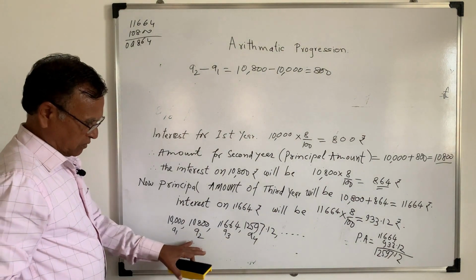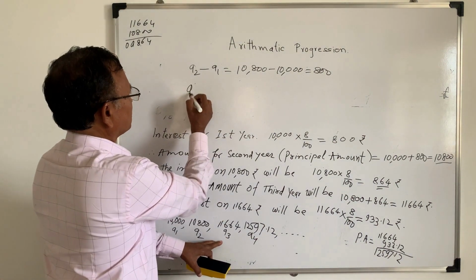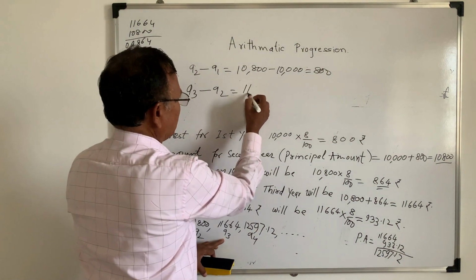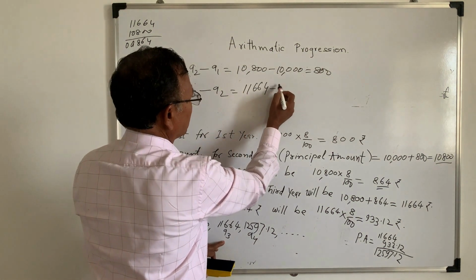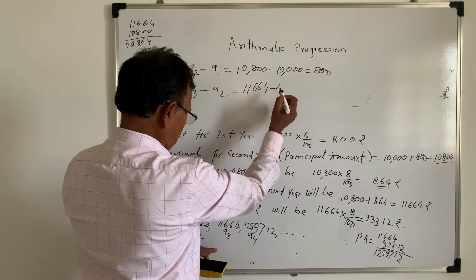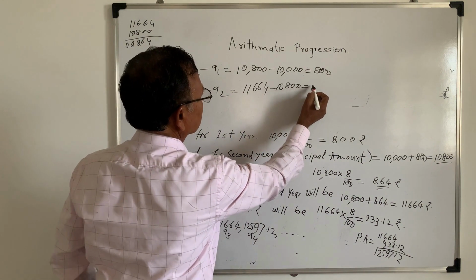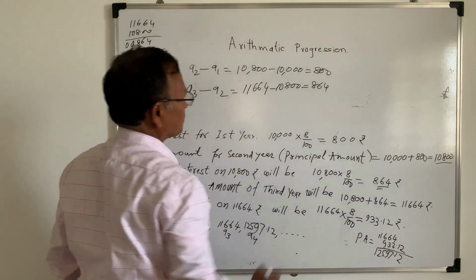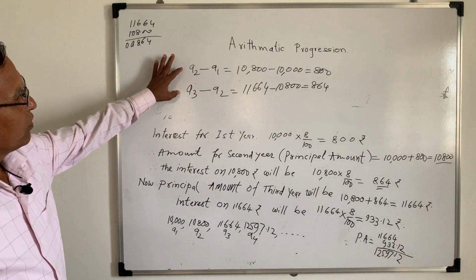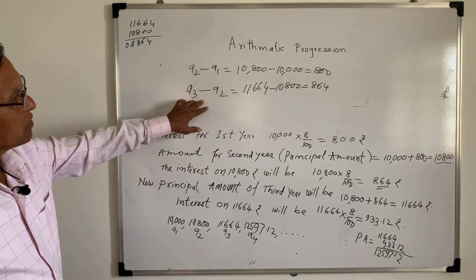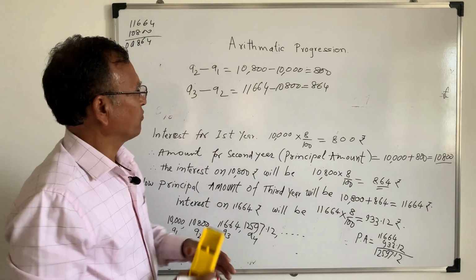The difference A3 minus A2 is 11,664 minus 10,800, that is 864. So the common difference between these numbers is not the same.